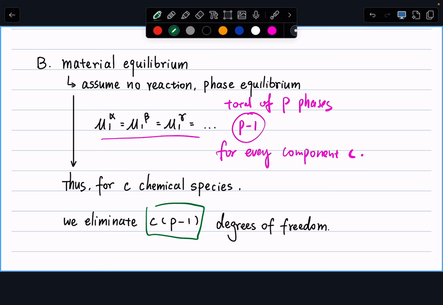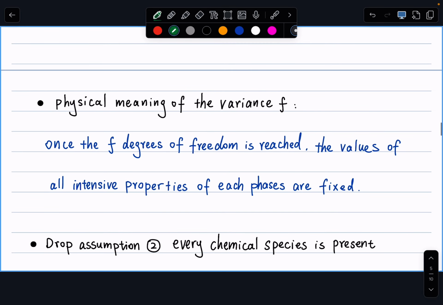All right. And, well, as I promised, we went over the derivation. And then let's look at what exactly is the physical meaning of variance F. So when we're talking about variance F, or the degree of freedom, remember this tells us the number of intensive properties we need to describe the intensive state.